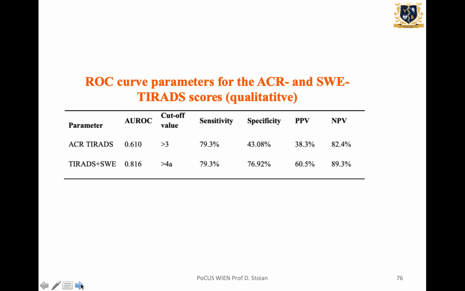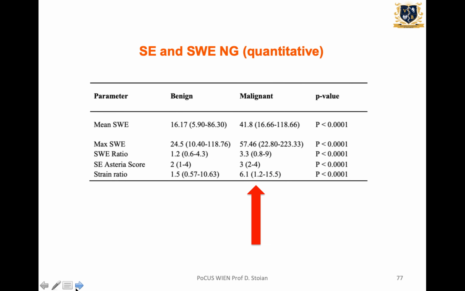What about head-to-head comparison? So when we look to quantitative score, so whenever you have thyroids cutoff over 3 or 4A with a strain with shear wave better sensitivity, enhance the sensitivity also the shear wave.